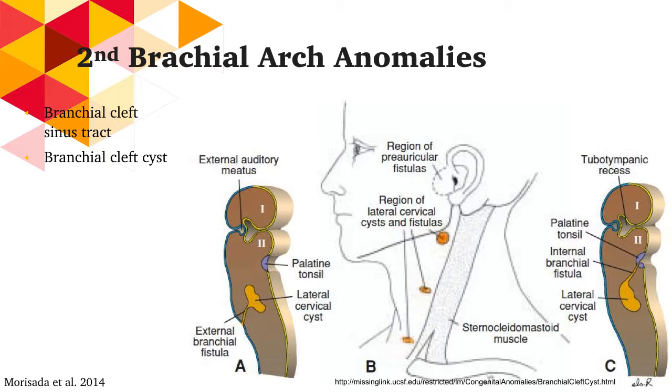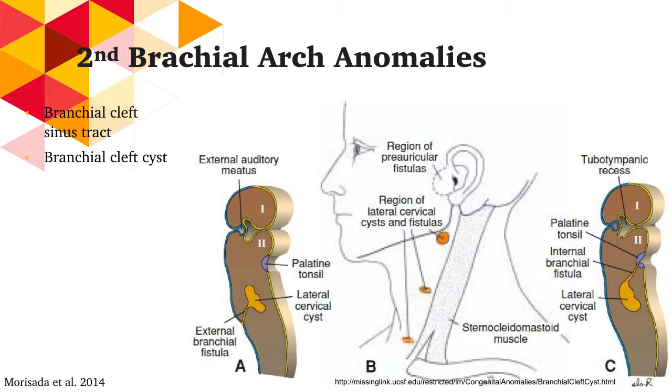So things that can be seen are branchial cleft sinus tract or branchial cleft cysts. So this cleft sinus tract appears as a pinpoint opening anterior to the sternocleidomastoid muscle, which we're all pretty familiar with when learning VEMPs. In this diagram, in the darker pictures, A and C, it shows you the external auditory canal, and you can see the external branchial fistula.